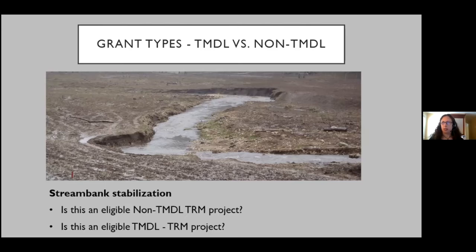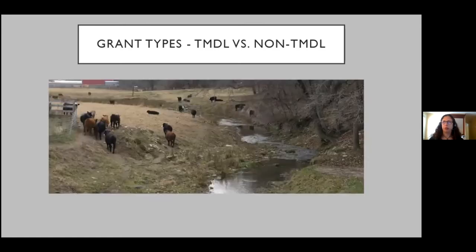Because this is a non-TMDL project, the project must address non-compliance with an NR 151 performance standard. For example, in this photo, we see a situation in which erosion appears to be caused by unlimited livestock access to the stream.